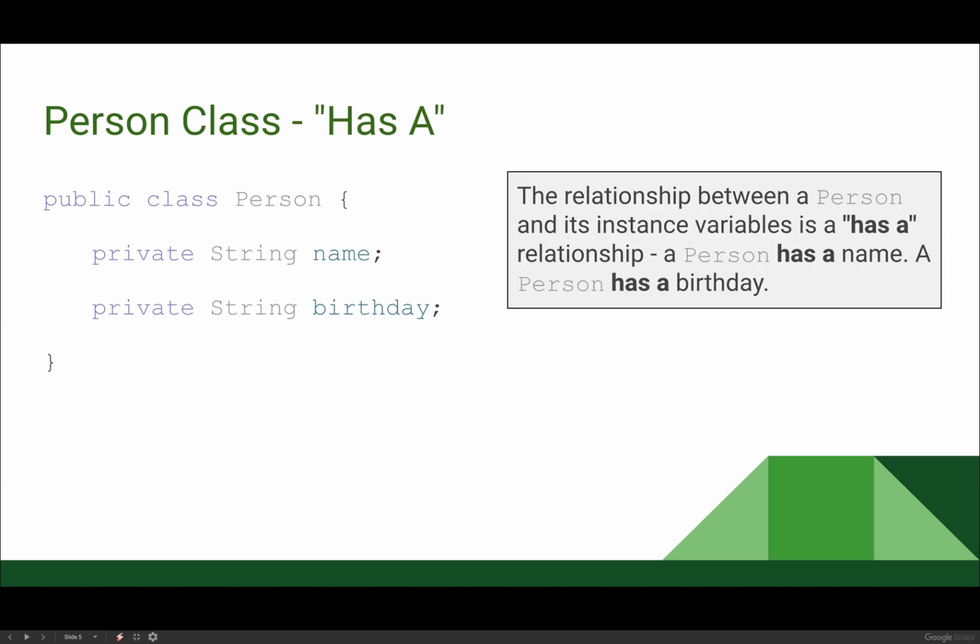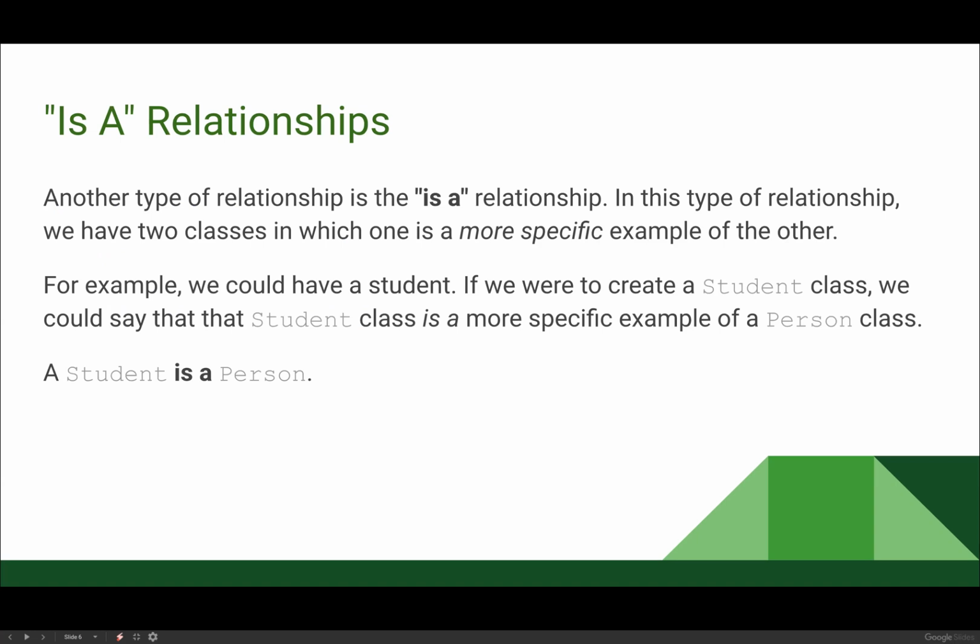Now the relationship between our person class and its instance variables is called a has-a relationship. A person has a name, a person has a birthday. That's the word for this relationship. Another type of relationship that exists is the is-a relationship.